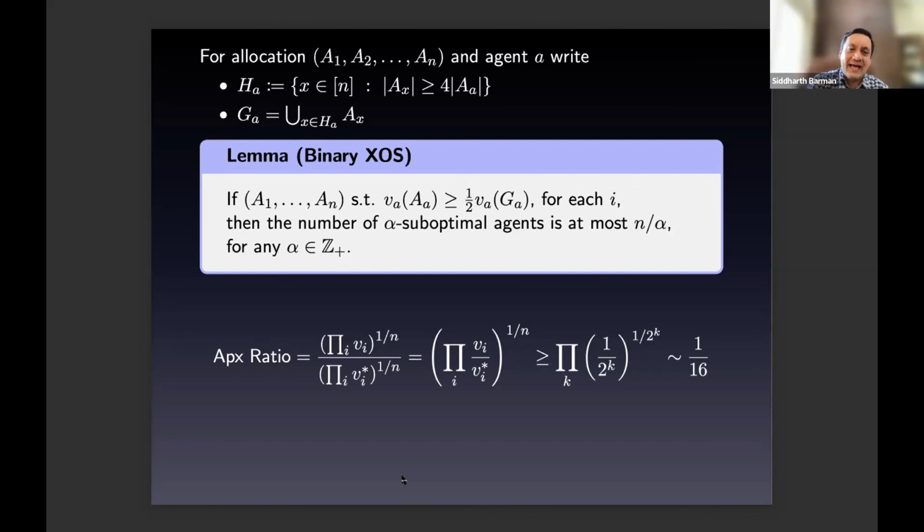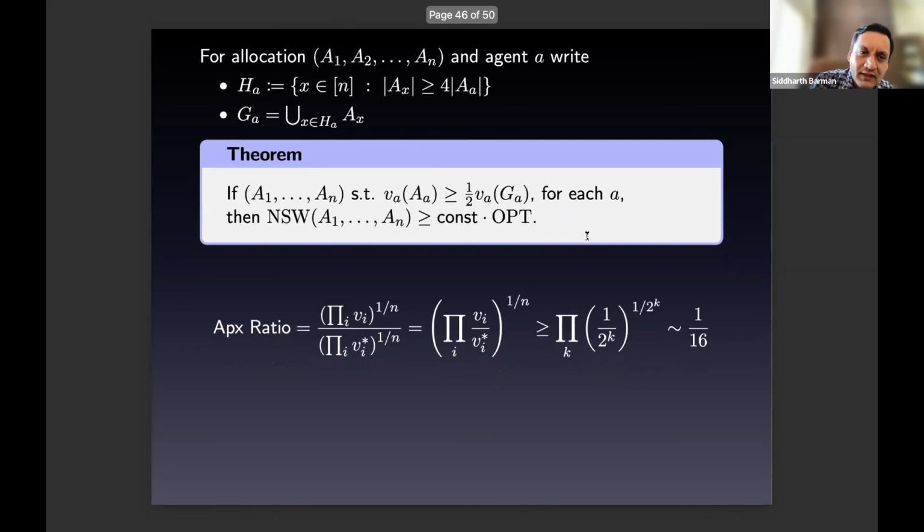If you can establish such an implication for other valuation classes, you will again get a constant factor approximation guarantee. So you just ensure that the number of alpha suboptimal agents drops as a factor of alpha, a good property to have. Okay, that's the theorem, which means that if I have such GRAND NV freeness, I do have a constant factor approximation guarantee for Nash social welfare.